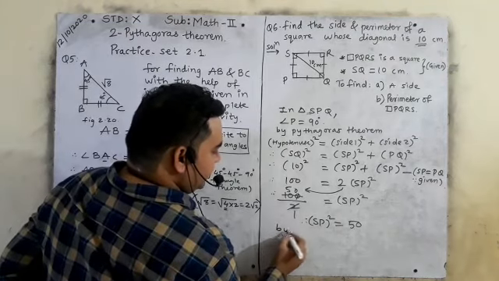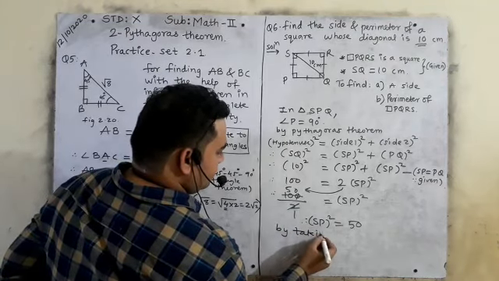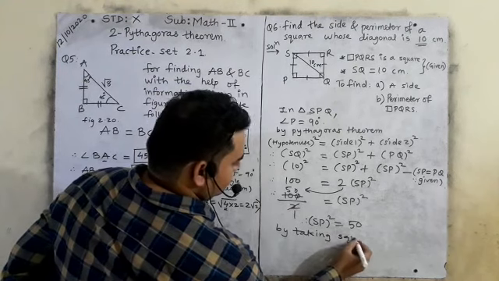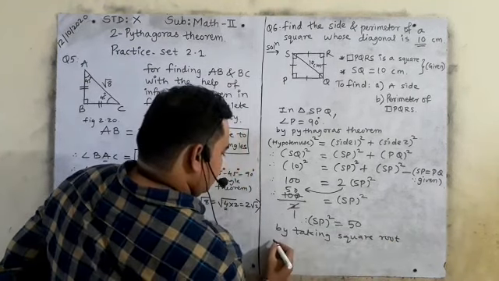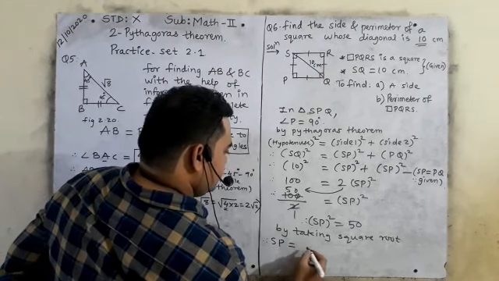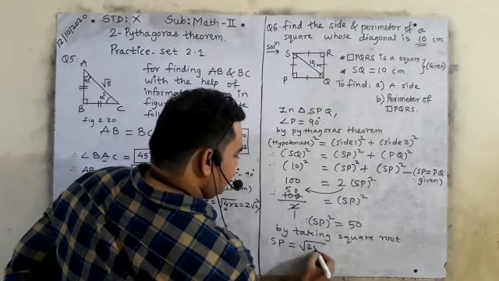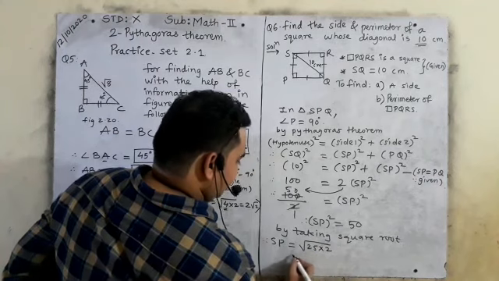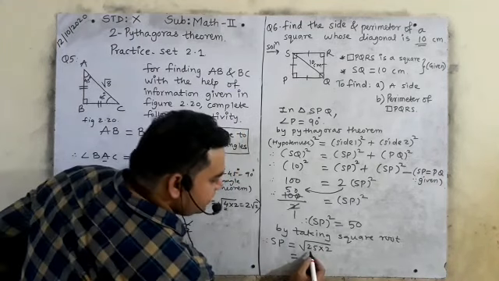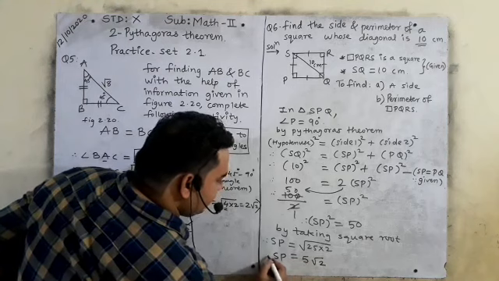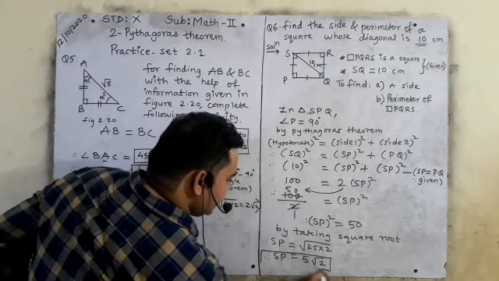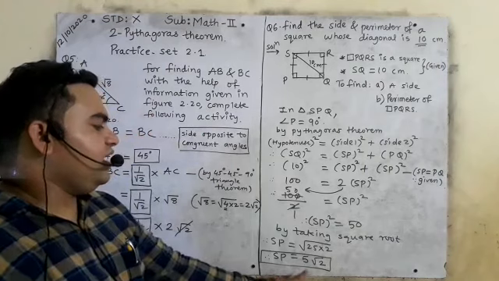Now we will take the square root. SP is equal to the square root of 50, which is 25 times 2. Is it clear? So 25 is the perfect square of 5, giving 5 root 2. So you came to know SP is a side. SP is equal to 5 root 2.